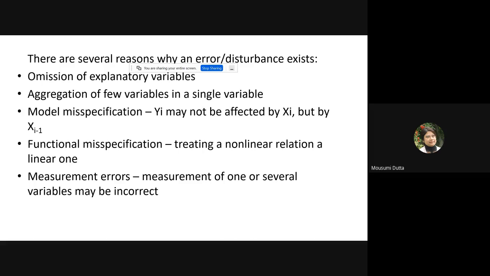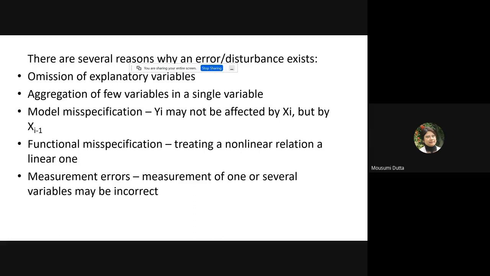Another possibility is functional misspecification. We are considering a linear framework. However, it may happen that xi is not working, rather xi square is working, or say xi to the power 5 is a good choice. Okay.